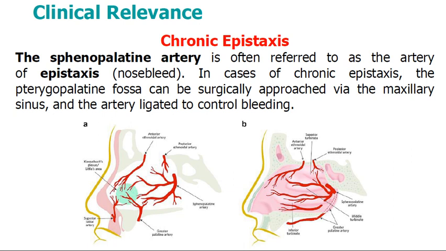Now you can see here the sphenopalatine artery comes and supplies the lateral nasal wall and reaches the anterior part of the nose, and also here the sphenopalatine artery sends twigs and branches to supply the septum of the nose.